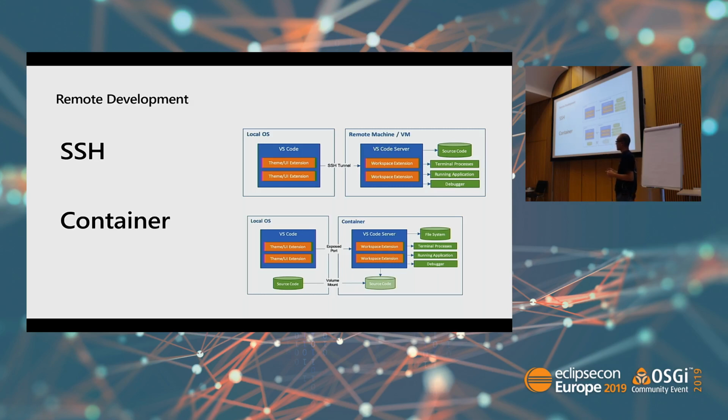But with VS Code Remote SSH, you can have all the VS Code functionality available when you access the SSH remote. Containers are more used in scenarios where you want a very specific developer environment set up for a specific workload.